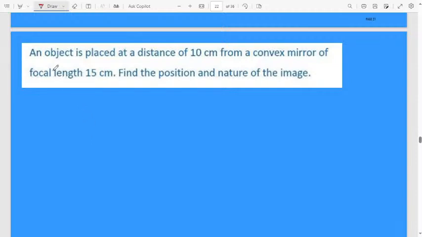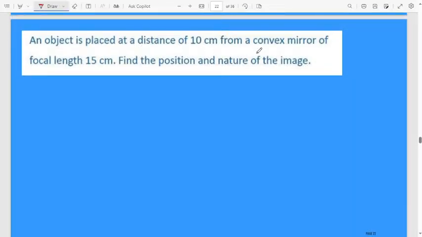Next question: an object is placed at a distance of 10 centimeter from a convex mirror of focal length 15 centimeter. Find the position and nature of the image. Here u is -10, because you are placing the object in front of the mirror.